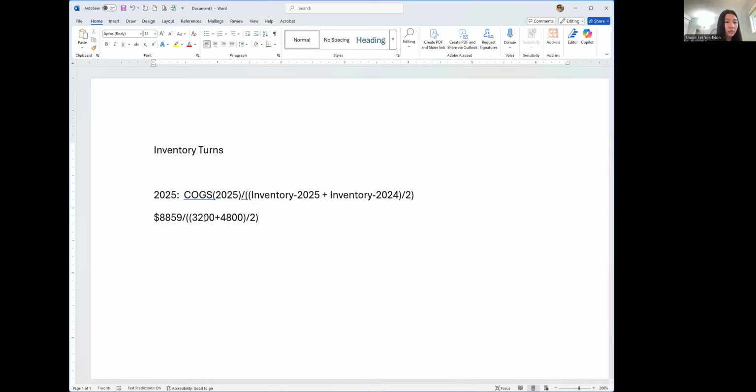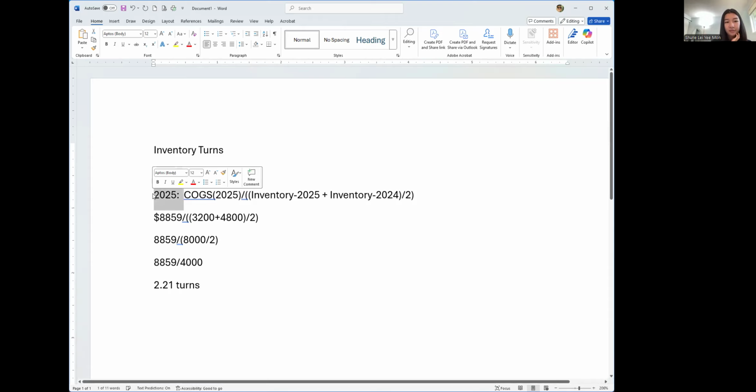And what is that? 32 plus 48 is 8,000, divided by 2 is 4,000. Okay. Then your inventory turns would be 8,859 divided by 4,000, which is 2.21 turns. So that's how you do the calculation.